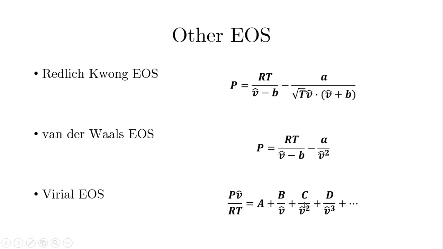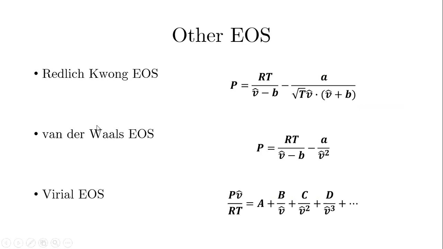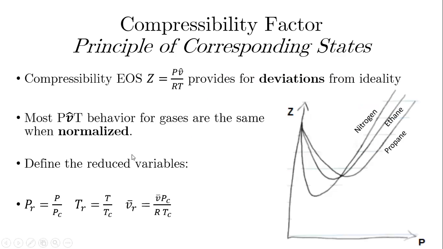And again, these A, B, C, and D are material specific and tabulated. You can look them up. Okay, so these empirical constants, like I said, they're tabulated in the back of the book. Those are 3 common ones to use. And if I do use them, it will be like a light version of, let's say, the van der Waals. I'm not going to go crazy with this for you.